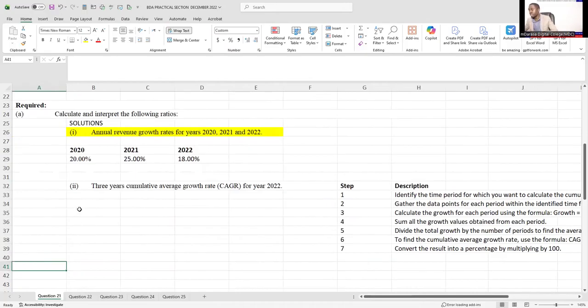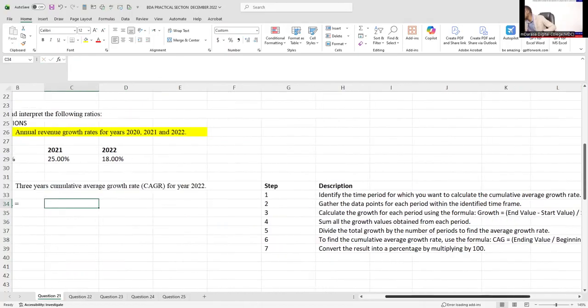See, so then I'll just follow the steps that the AI is giving us. It's telling us that to work out cumulative average growth rate, I should have, number one, the ending value. We divide by our beginning value. What we need to consider is to follow the instruction that it is giving us.